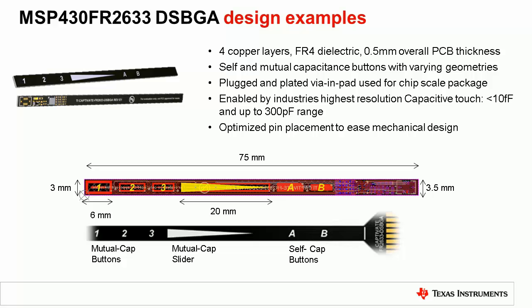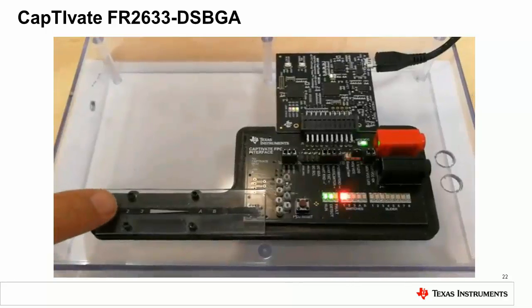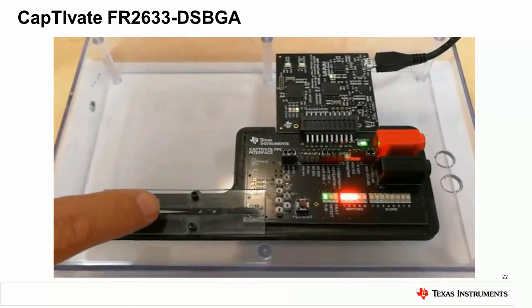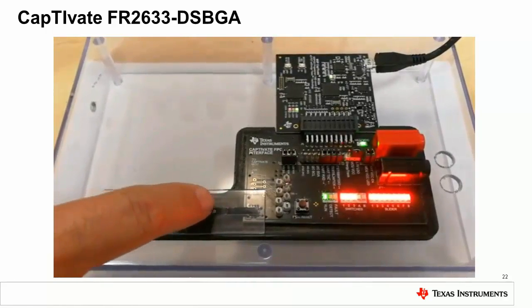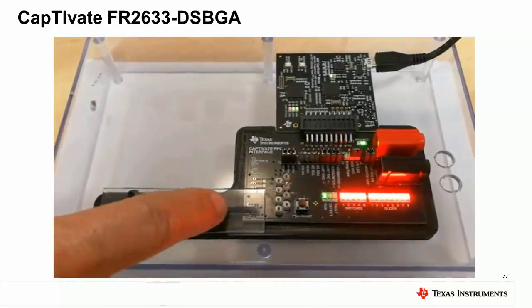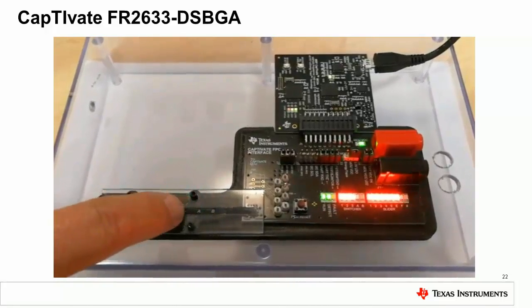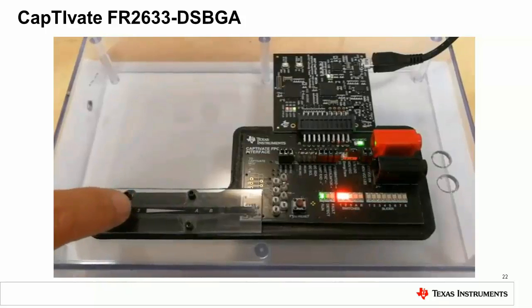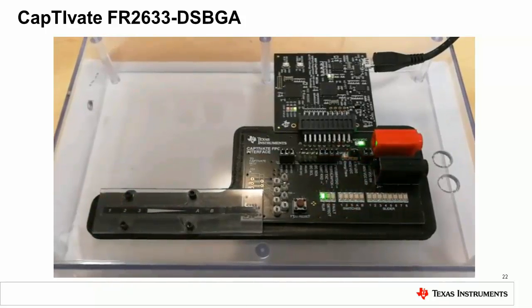So let's see a short video of this board in action. Each button and slider is turned on and off in order. So it's a very quick and short demonstration.